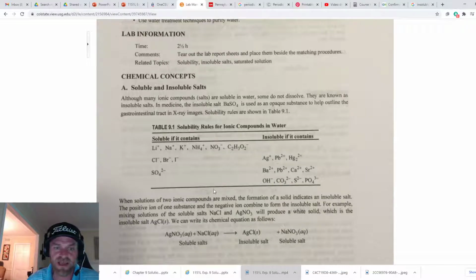All right, so we said that ions form in solution. I dump salt into water, it splits up, becomes NaCl. Now there are cases where if I mix two ions, they'll group up and form an insoluble salt, and they'll start to fall out of solution.